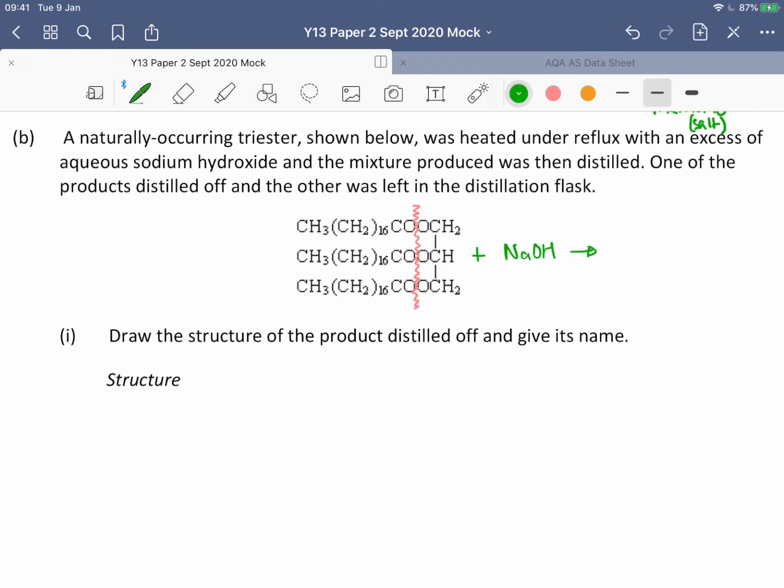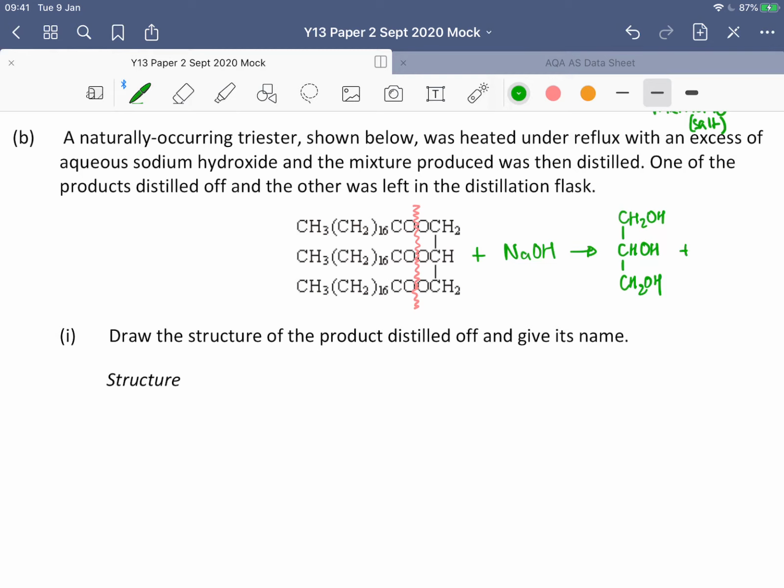So you always get glycerol. You have to learn this. In every triester reaction, you get this molecule. And then the other products that we're going to get are the carboxylic acid salts, right?